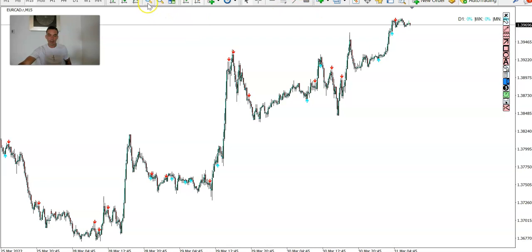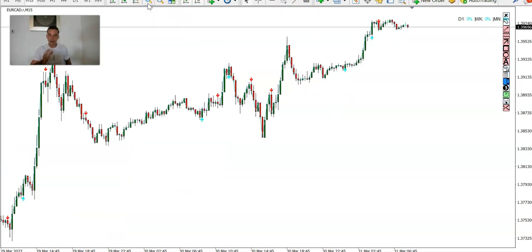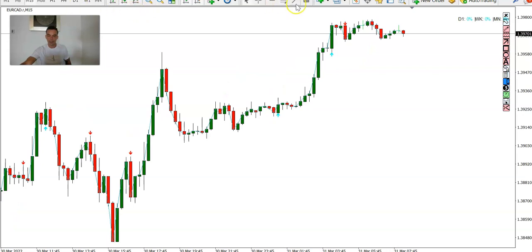Now this is very important. The current candle is open. We'll zoom in; this is the current candle.